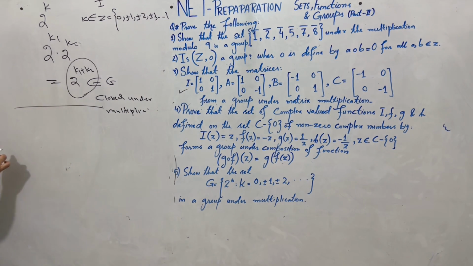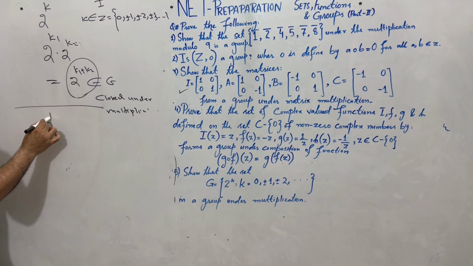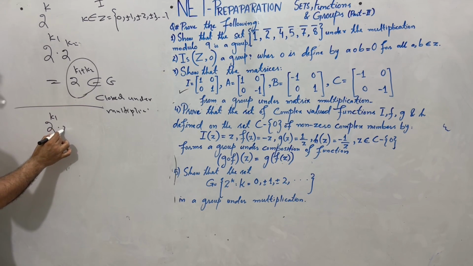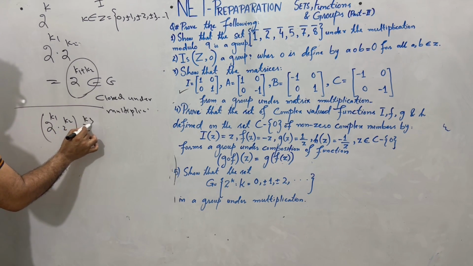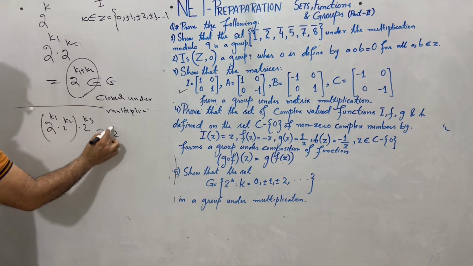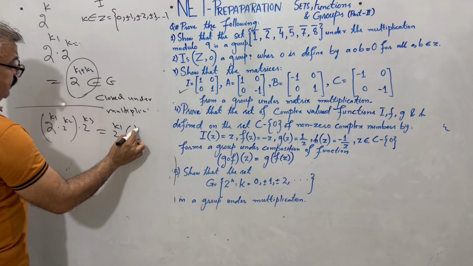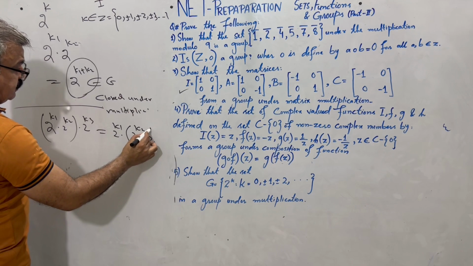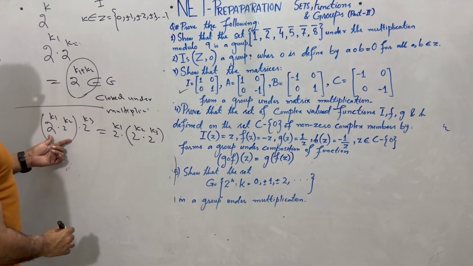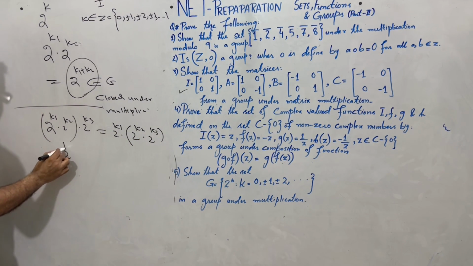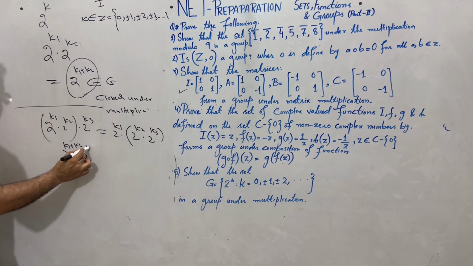Okay, how to satisfy the associative law? 2 raised k1 times 2 raised k2, times 2 raised k3. I am taking three numbers. Solving this bracket first, it will become 2 raised k1 plus k2 times 2 raised k3.